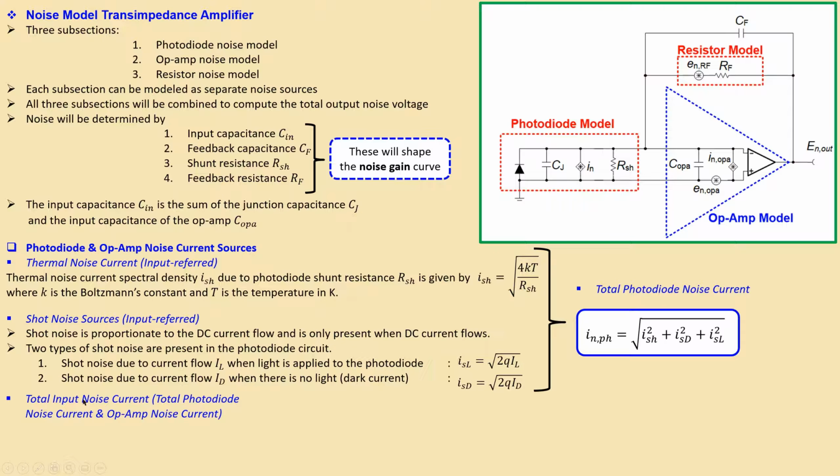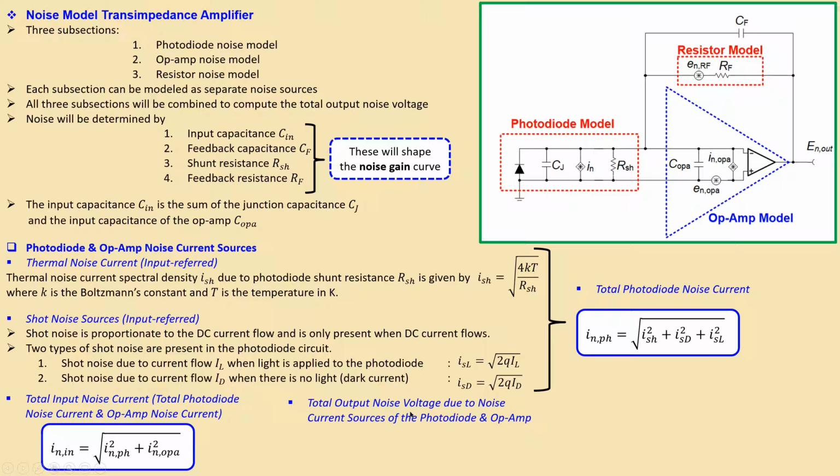Okay, the total input noise current is the total photodiode noise current and the op-amp noise current together, given by this expression. Those two are again combined using root sum of squares. So you square each of them, add them up, and then take the square root.